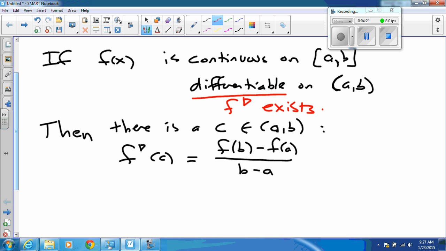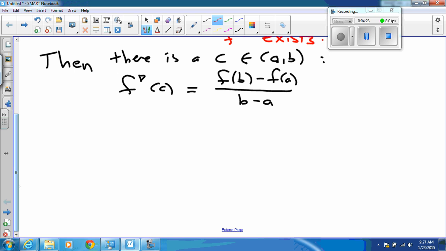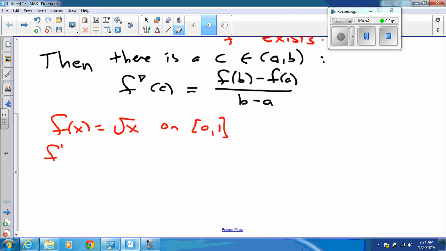So that's it. So let me give you two contrasting examples of functions that satisfy this. Let's consider f of x equals the square root of x on the interval 0 to 1. If I want to confirm that it is continuous, I see that f of x is equal to x to a power.